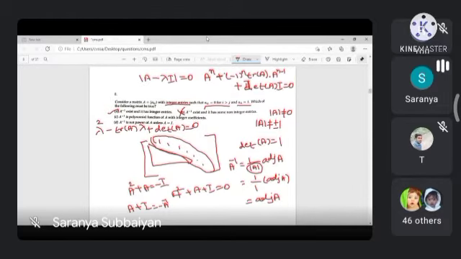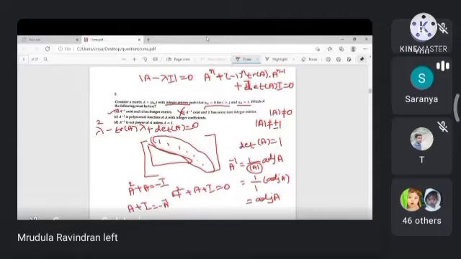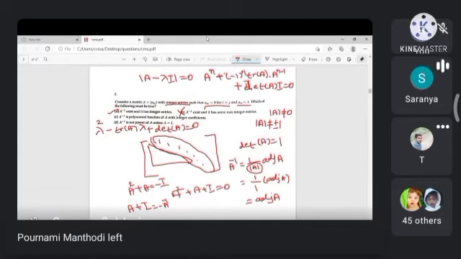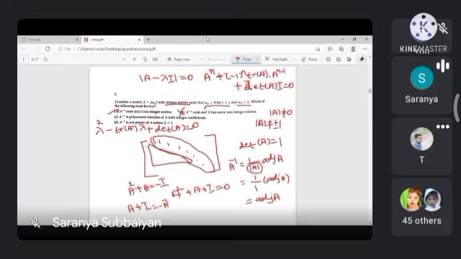Roots also the same, right? A, B, C are the roots. How do you find x squared minus sum of the roots into x plus product of the roots equal to 0? The last one is the product of the roots, right? The same thing you use for eigenvalues. Remember that you should connect theory of equations and eigenvalues. It's very easy.